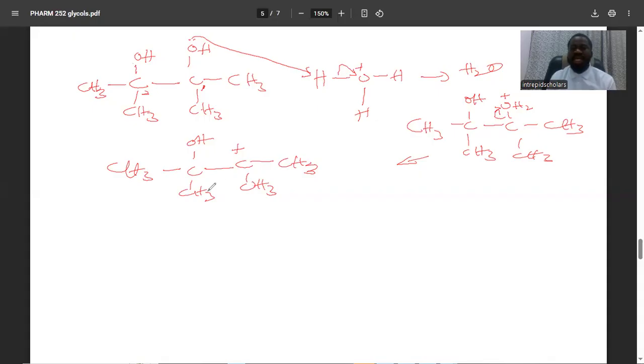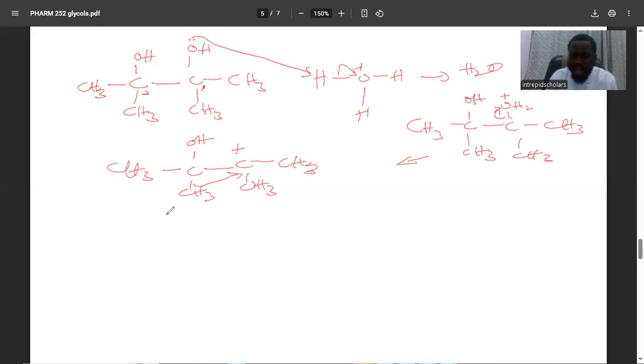Now, at this point, there will be an alkyl shift. We call this one, because it's a methyl group, a methyl shift. Essentially to change it from a carbenium ion to an oxocarbenium ion. So we will have a shift here, an alkyl shift, a methyl shift.